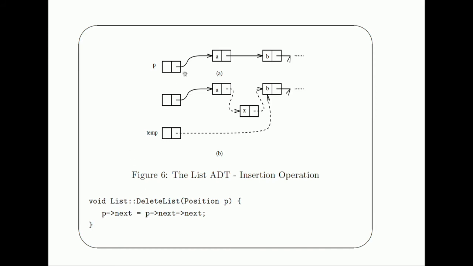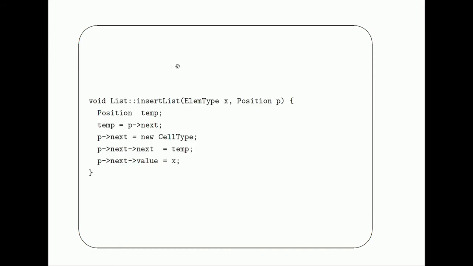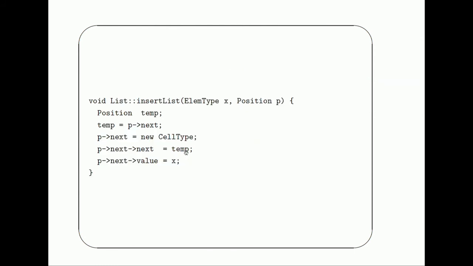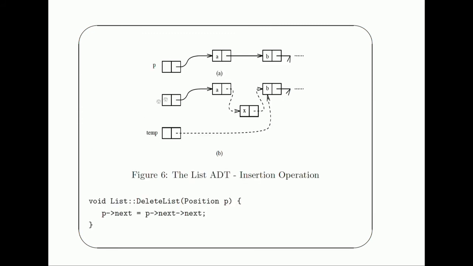So what did I do? I wasted one position here when I created the make null, created the empty list. I made one wasted position, and then when I am inserting, for example p here, a here, for example I insert it over here, then I take this temp and point this to this guy, then I correct all the pointers.